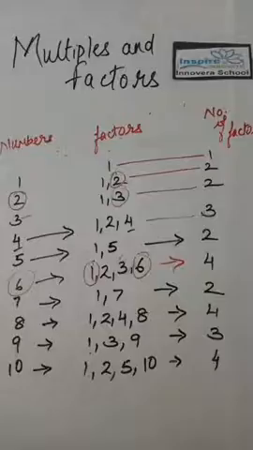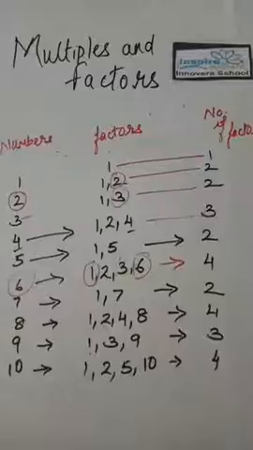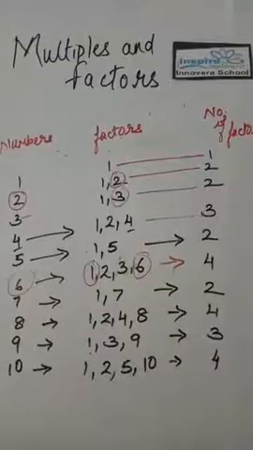Now we'll see what the prime numbers are. Now 2, 3 and 5 are what? We can see some numbers only have 2 factors, that is 1 and itself.